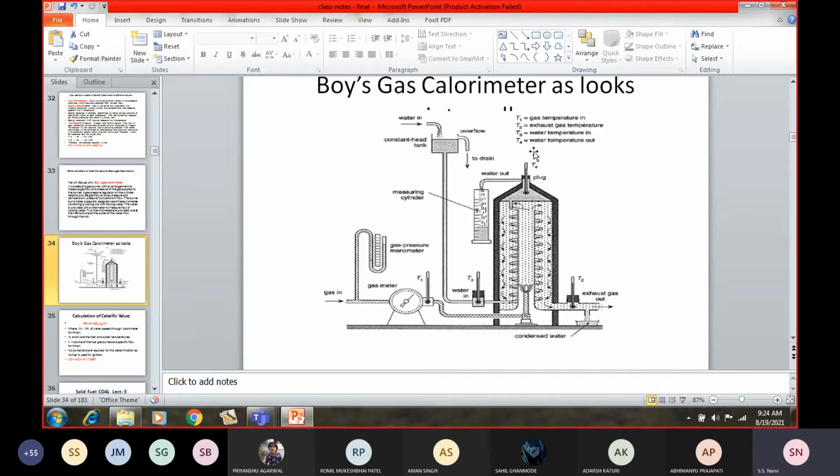It can only change if you increase the flow of the gas. Then T4 will increase. Similarly, if you increase or decrease the flow of water, again T4 will change. So when you fix the flow of inlet water and the flow of the burning gas to a known level, then after some time a constant T4 will be attained.